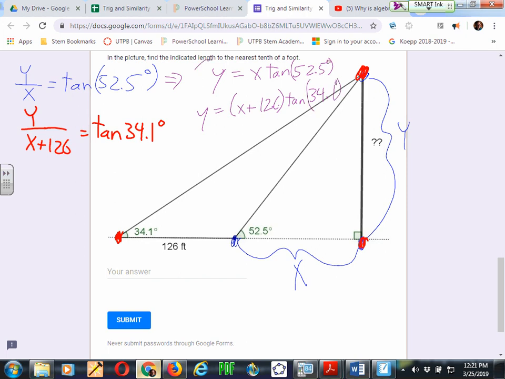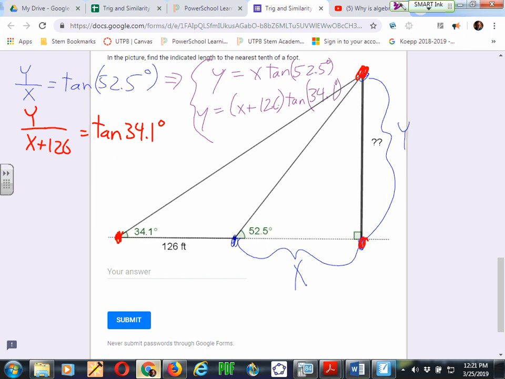Now, what I see here is I've got two linear equations, right? Y equals the slope times x. The slope here is the tangent of 52.5. That's a line whose graph goes through the origin. This one doesn't go through the origin.